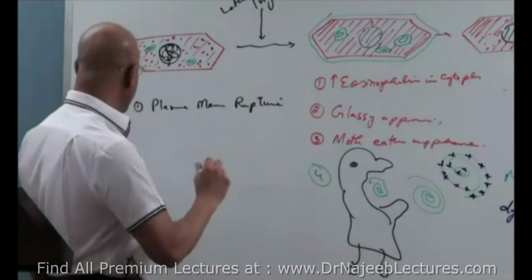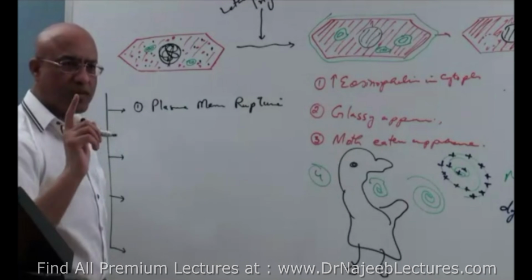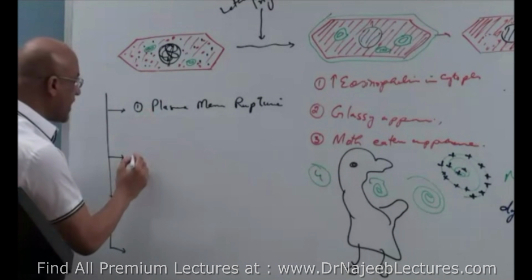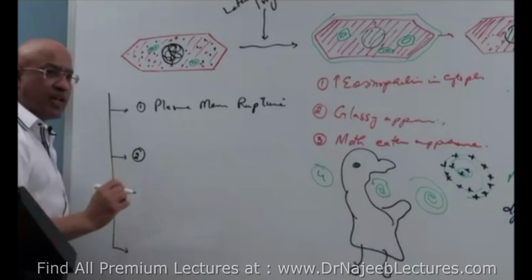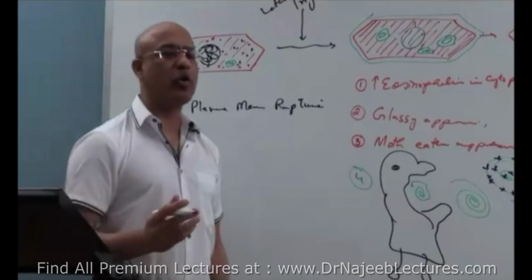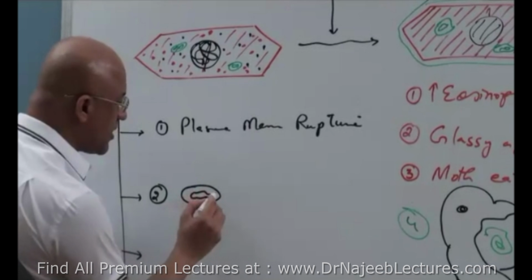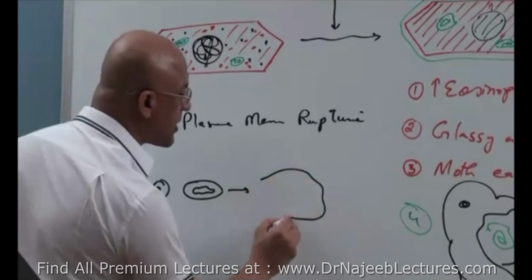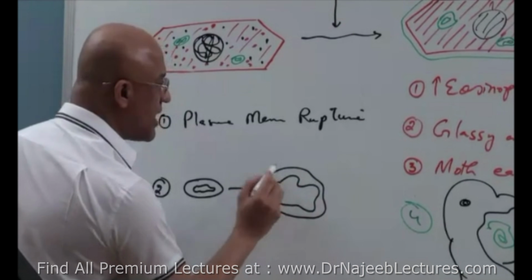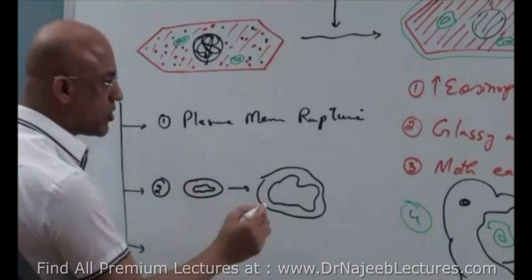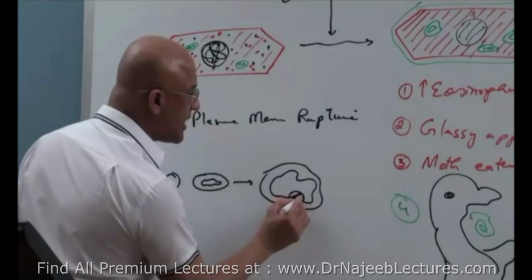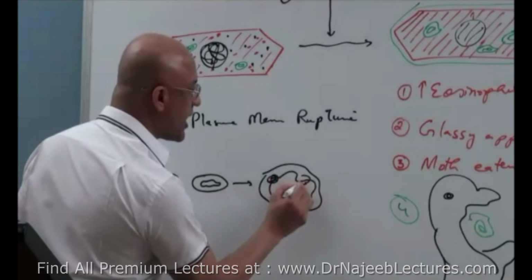Then, of course, you will find under the electron microscope that injured mitochondria swell up. This is a normal mitochondrion, and injured mitochondria become swollen. These mitochondria may also have dense amorphous bodies.